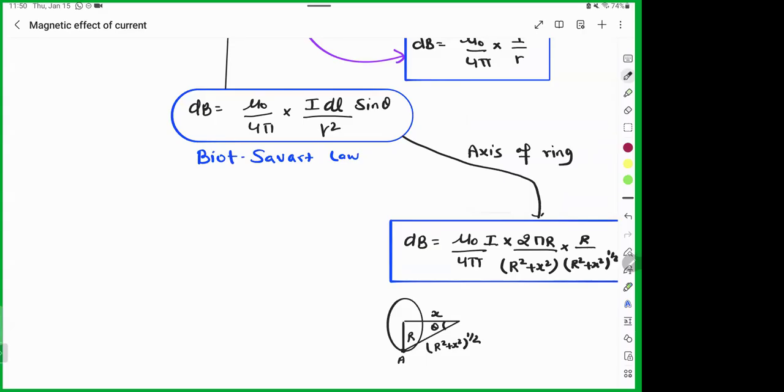That's why your sine theta value in this case will be equal to perpendicular r over hypotenuse, the whole under root of r square plus x square. And your r square value will be equal to r square plus x square. Any doubt?